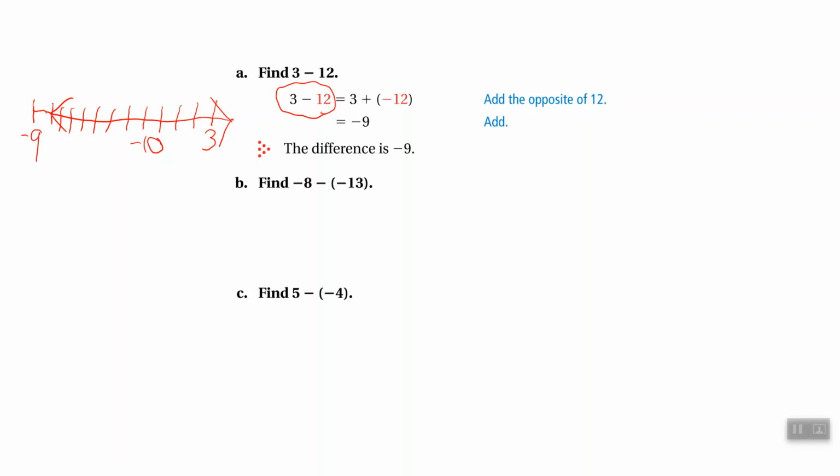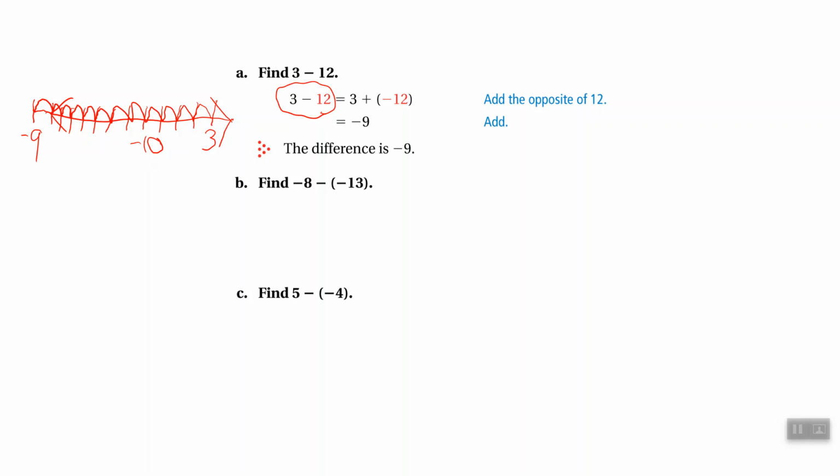So if we start at positive 3 and we subtract 12, 1, 2, 3, 4, 5, 6, 7, 8, 9, 10, 11, 12, there you can see 3 minus 12 is negative 9. 3 plus negative 12 is negative 9.